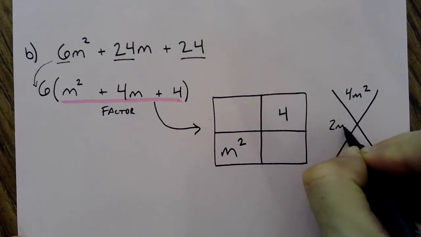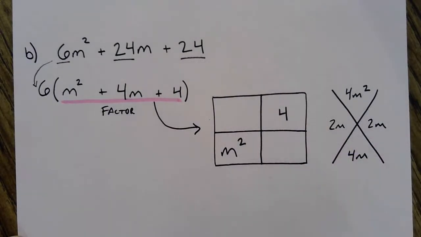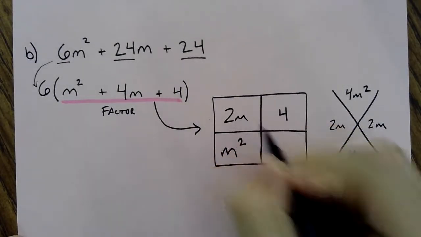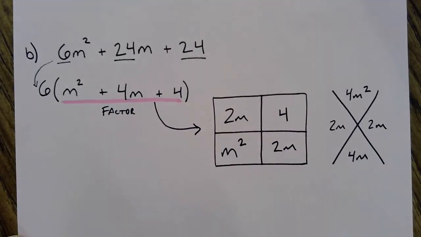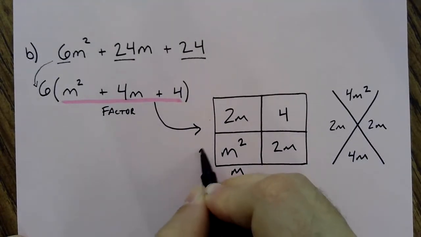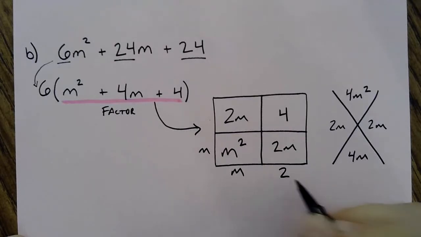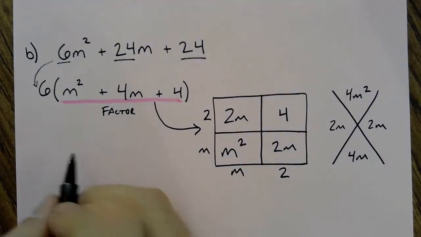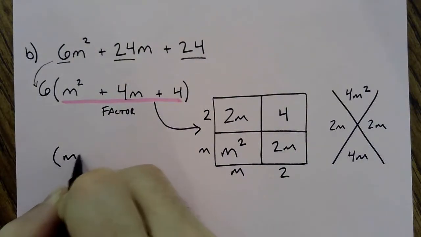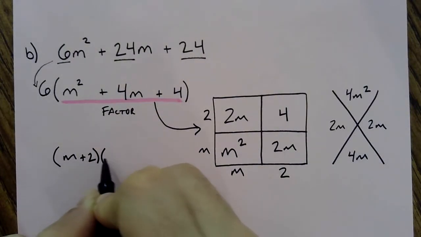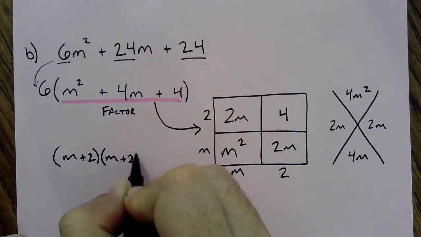We have 2m and 2m. All right, so going back here, one factor is m plus 2. The other is m plus 2.